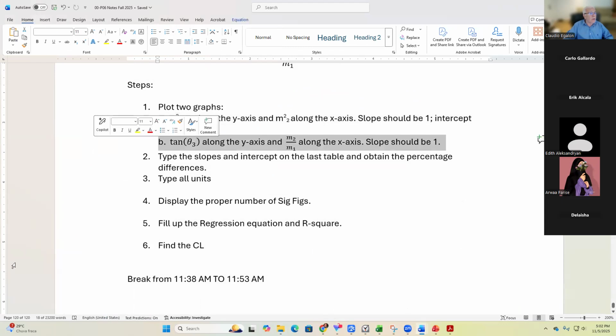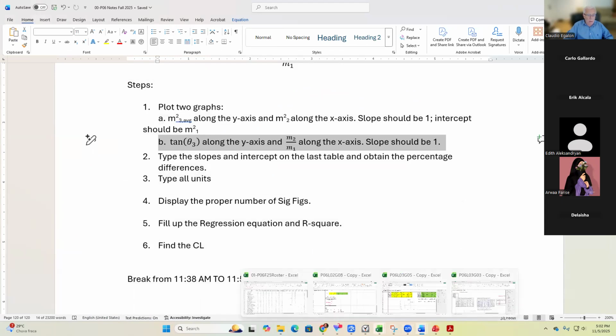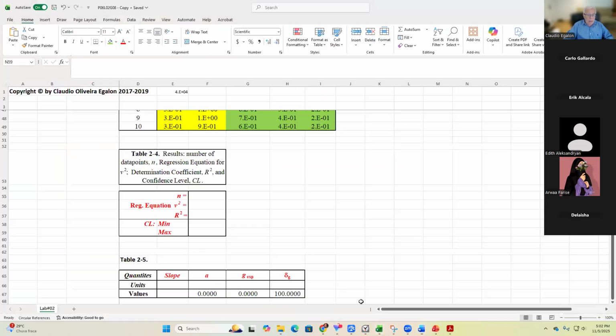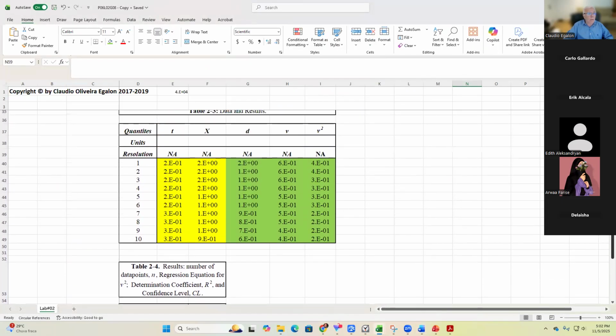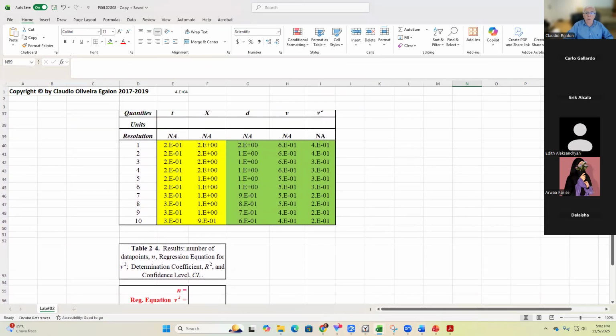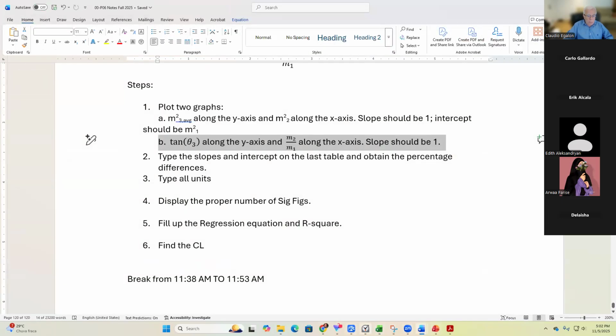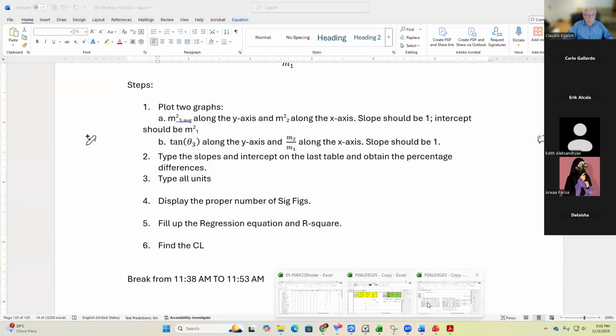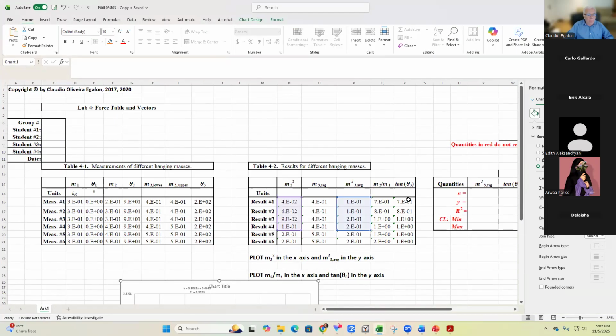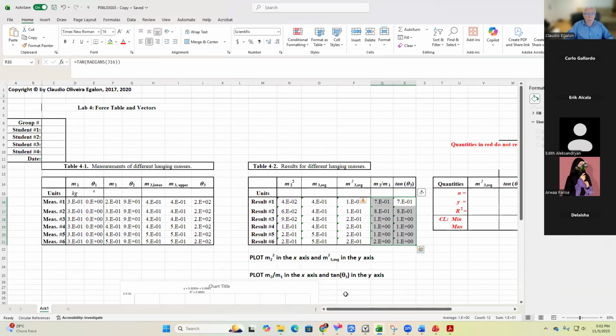Now you have to plot this one: tangent of theta 3 along the y-axis, m2 divided by m1 along the x-axis. Okay, thank you. So the graph that you should plot is this one in the table, theta 3 and M2 divided by M1.